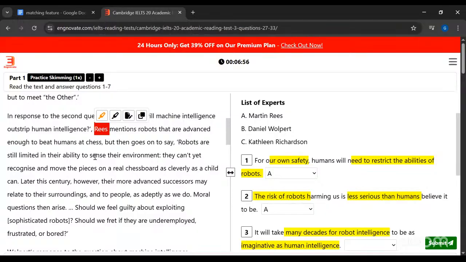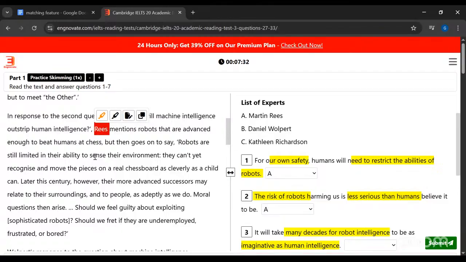Here it is clearly said that we should restrict. I think he just mentioned his research that they are less intelligent than humans. It's just saying that.